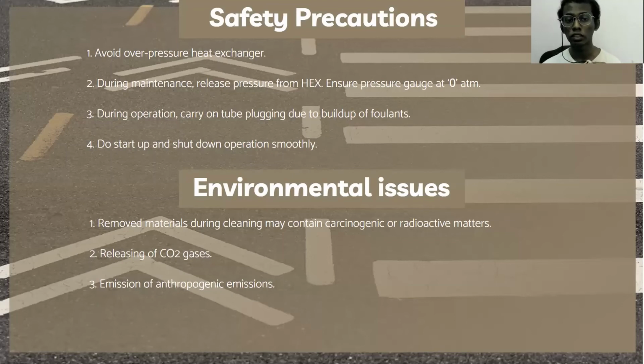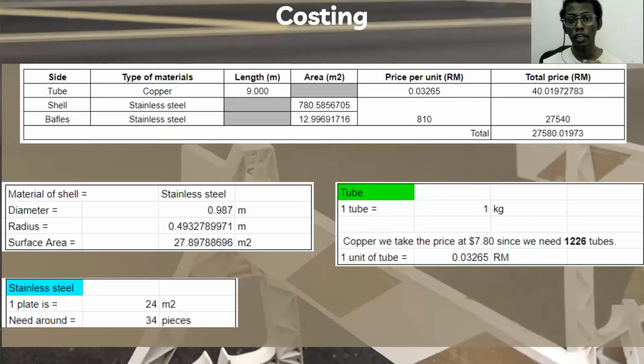And the 3 environmental issues here are that the removed materials during cleaning may contain carcinogenic or radioactive matters, the releasing of CO2 gases, and also the emission of anthropogenic emissions.